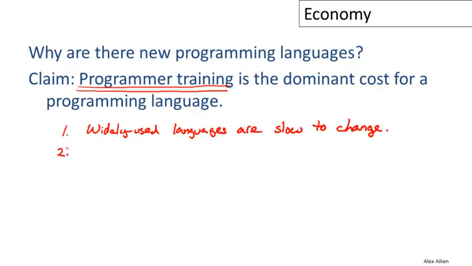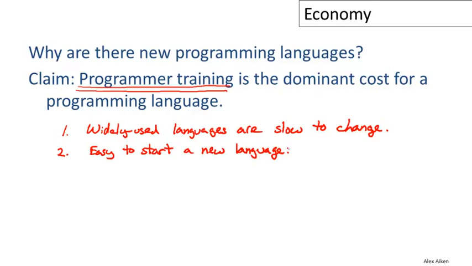Now, at the other end of the spectrum, this same observation makes what appears to be a contradictory prediction, which is that it's easy to start a new language. In fact, the cost of starting up a new language is very low. And why is that? Well, because you start with 0 users.